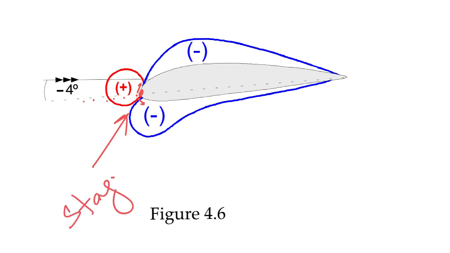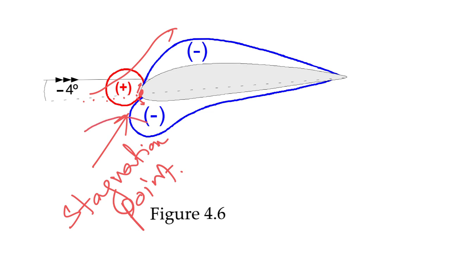Remember, stagnation point. This is a point where some airflow will go above, some airflow will go below, but some airflow will hit at a point where it can go neither up nor down. So it will become the stagnation point.